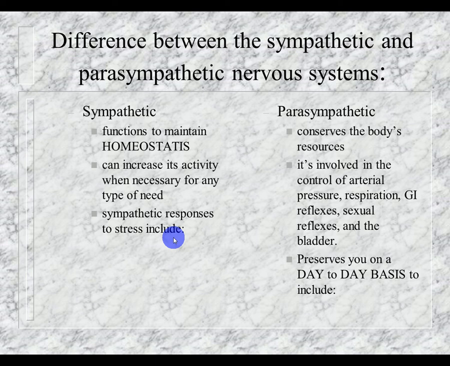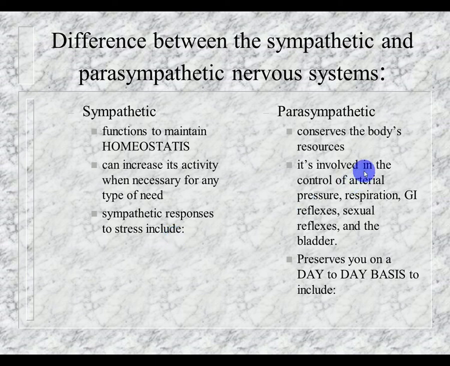It's kind of like an adrenaline rush. The heart rate and blood pressure increase. The bronchioles dilate. You start breathing heavier. You start sighing. And the anal sphincter slams shut. So that's your typical response that you would see with the sympathetic response: pupils dilate, heart rate increases, blood pressure increases, bronchioles dilate, and the anal sphincter slams shut.